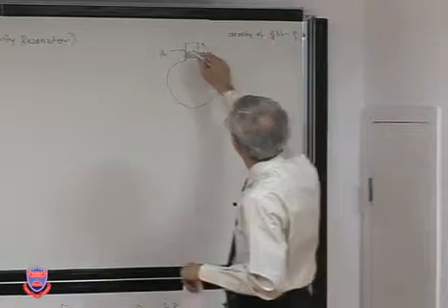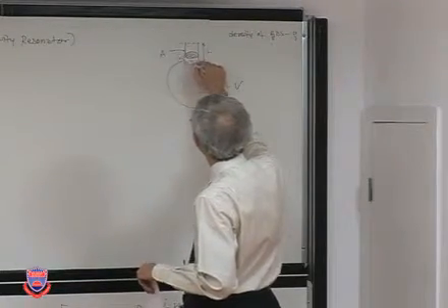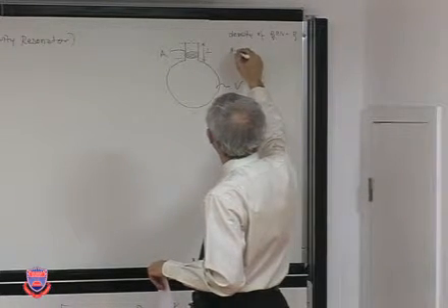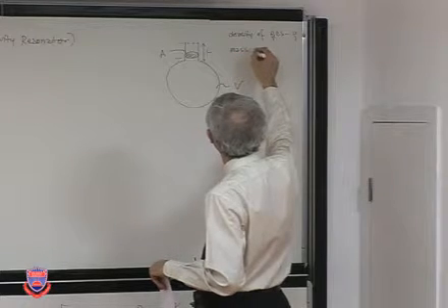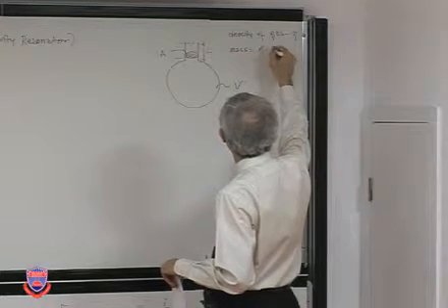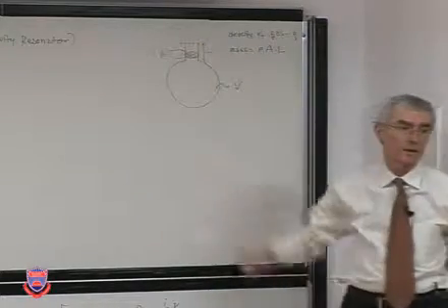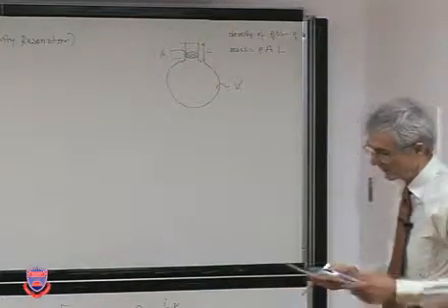So here the mass is rho A times L, the mass of the neck area. Mass rho A L.